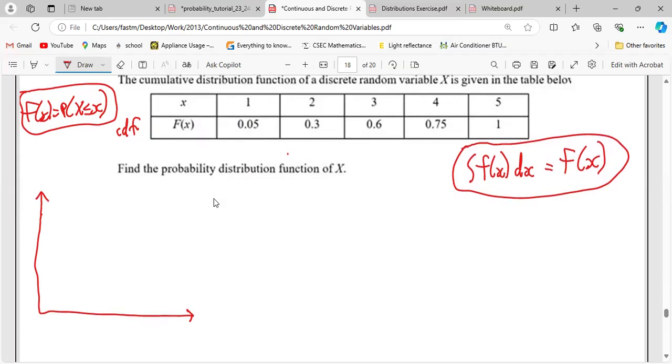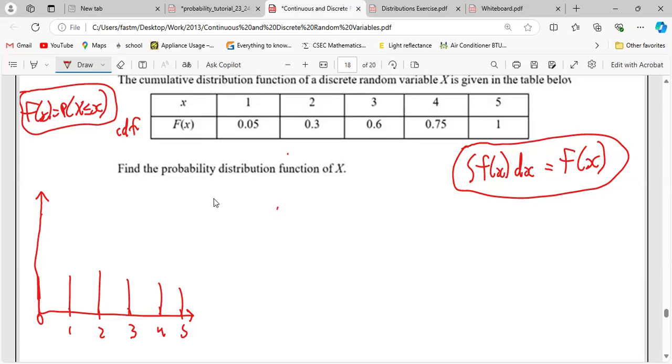You can't really have integration for discrete. So we have 0, 1, 2, 3, 4, and 5. And we're looking for the spikes, which is the individual probability at that point. Yeah, but we don't know because they gave us the CDF.